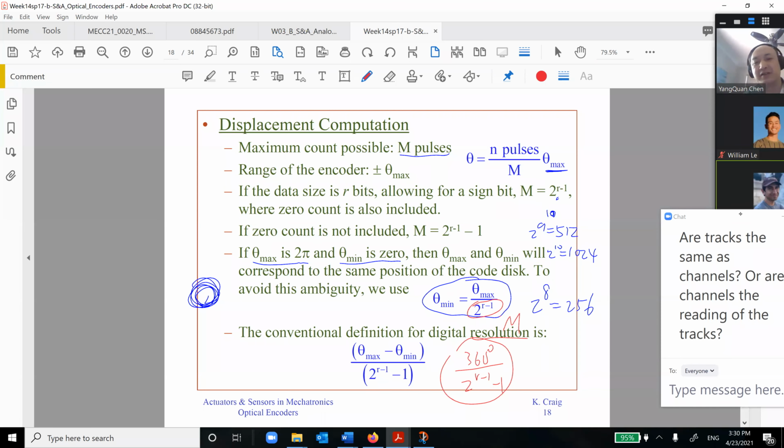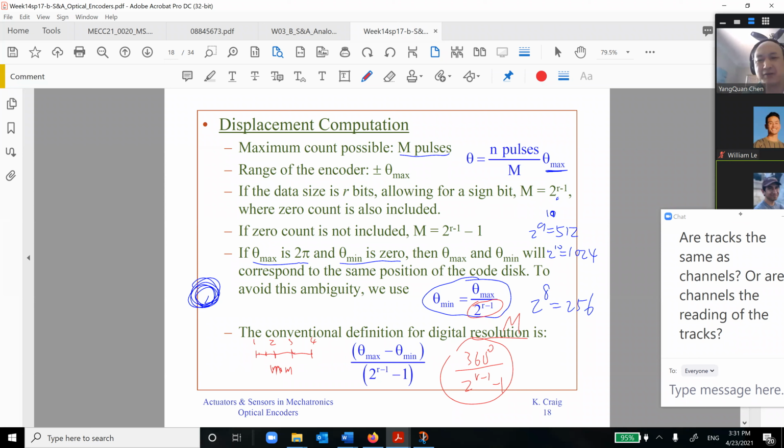Say for example you have a ruler, and this is millimeters: 1, 2, 3, 4. What's the resolution? You can actually read it as a half or 1/10.